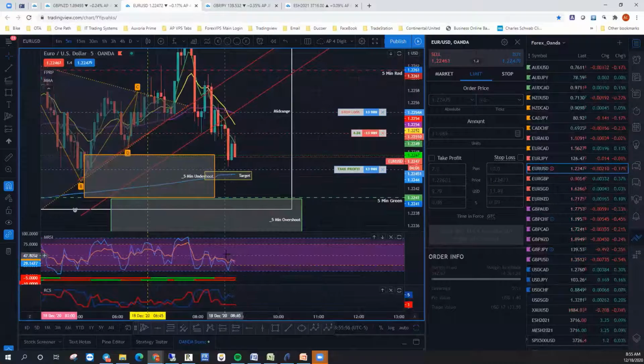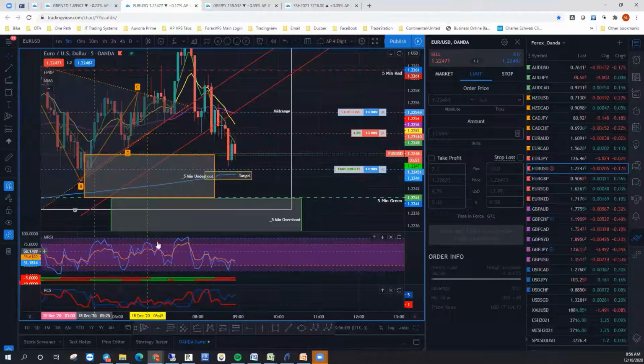Everything's still hanging down here below the 50% line on the RSI. Even when it bounced up, it couldn't break the 50%. Looking over here to the left, it's at 34 and 29%, so it's still hanging below the 40. As long as it stays below the 40, this thing could still stay being a short.